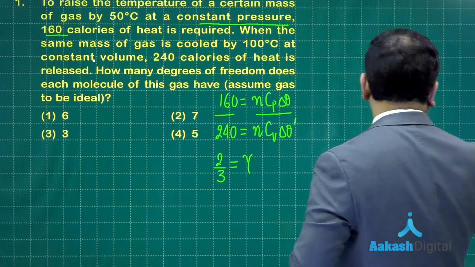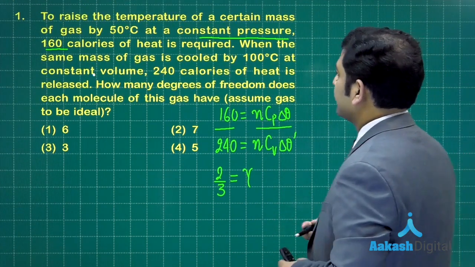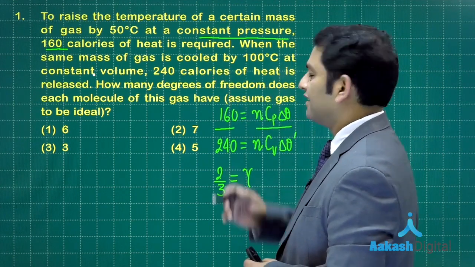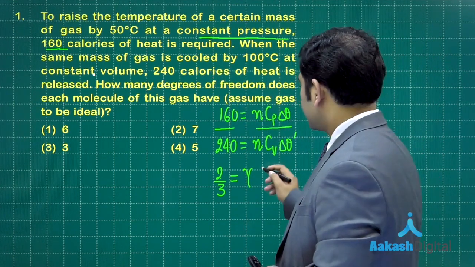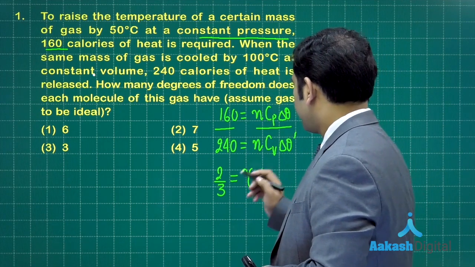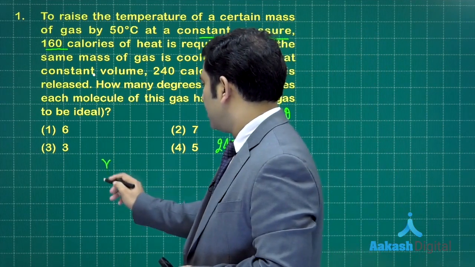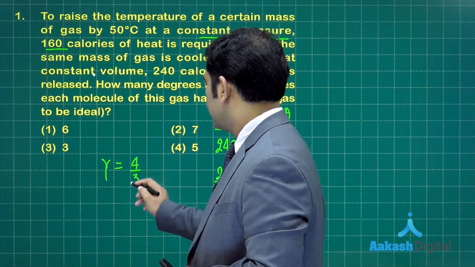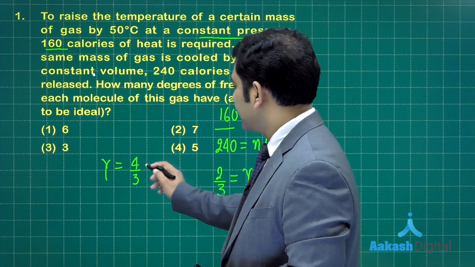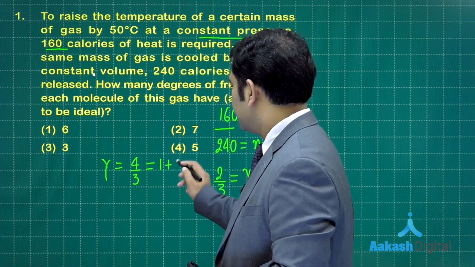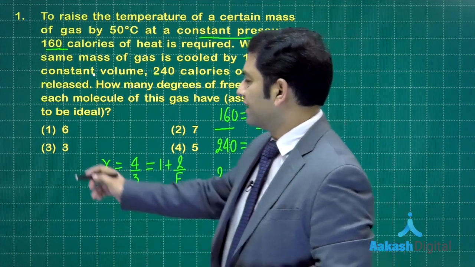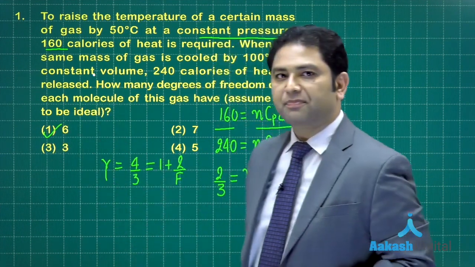The change in temperature, in case of constant pressure was 50, and in case of constant volume that's 100. So that's going to be 1 by 2. In other words, the value of gamma equals 4 by 3. And what is gamma? By definition, that's 1 plus 2 by F. So that gives the degree of freedom as 6.